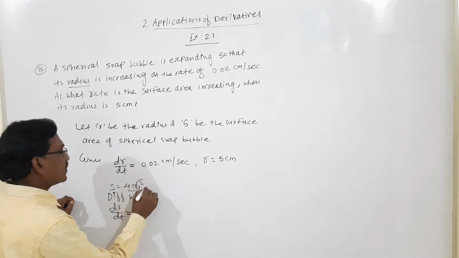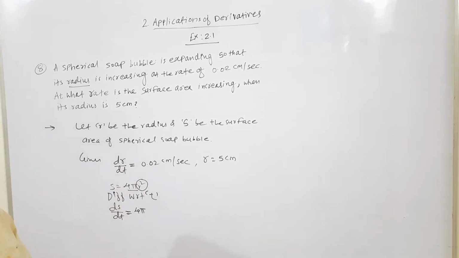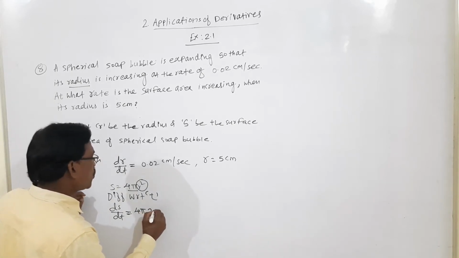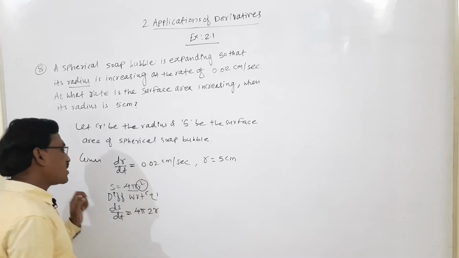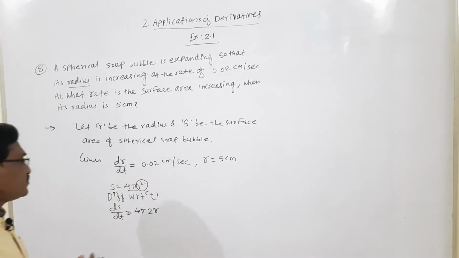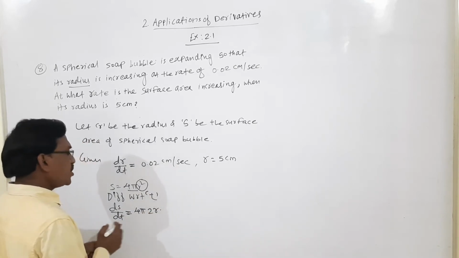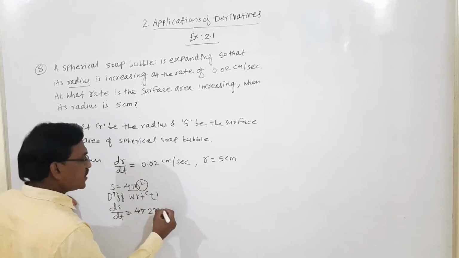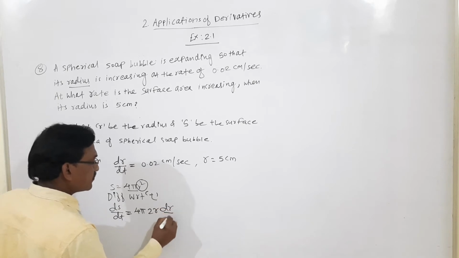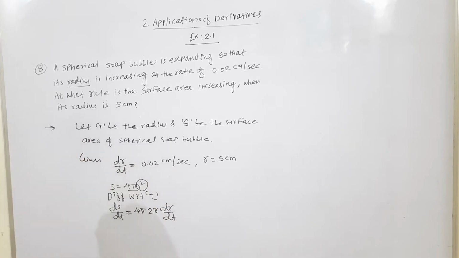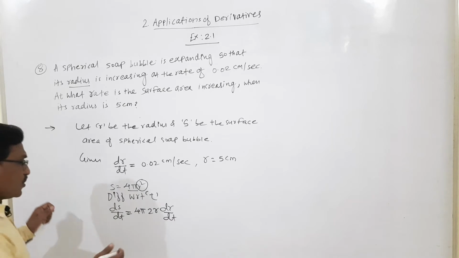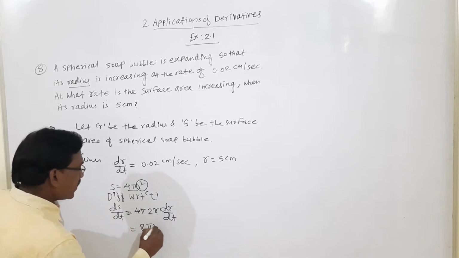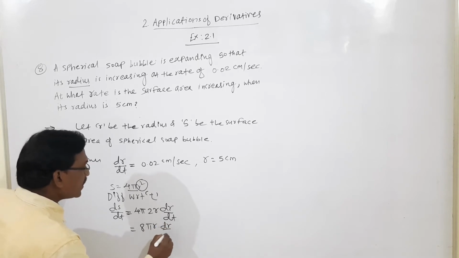The derivative of r square is 2r, and by chain rule, again into the derivative of r with respect to t, which is dr by dt. Now it is 4 into 2, that is 8 pi r into dr by dt.